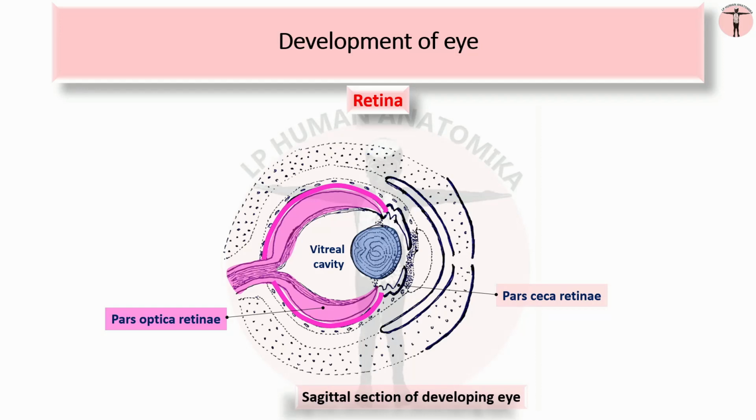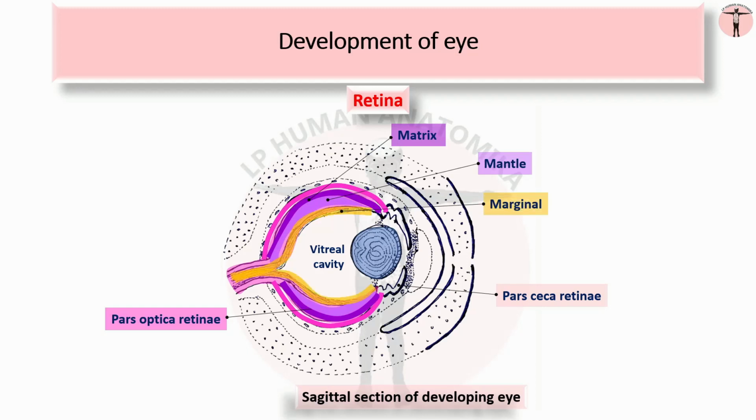The pars optica retinae differentiates into 3 layers from outside inwards towards the vitreous body: matrix, mantle, and marginal layers. The matrix layer contains cells bordering the intraretinal space and differentiates into rods and cones.